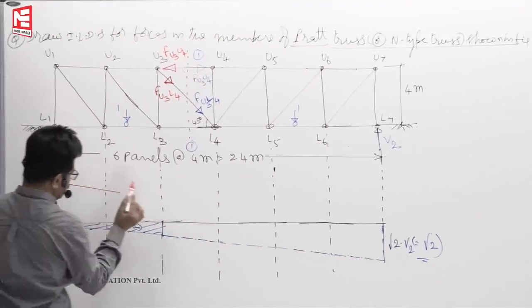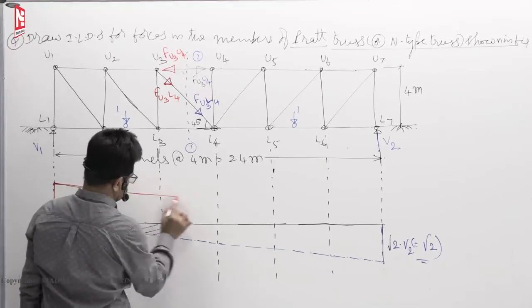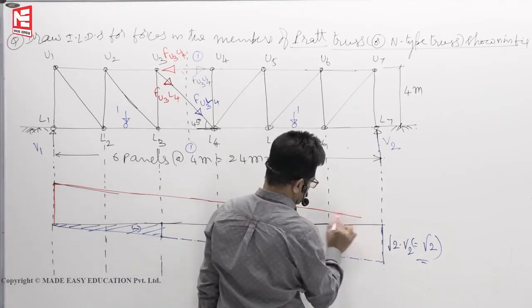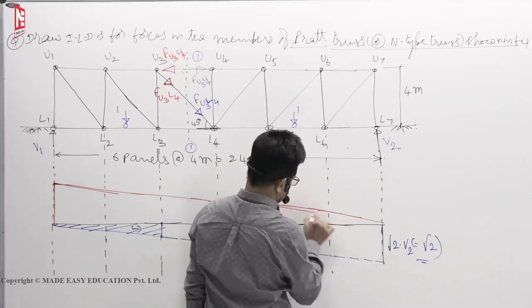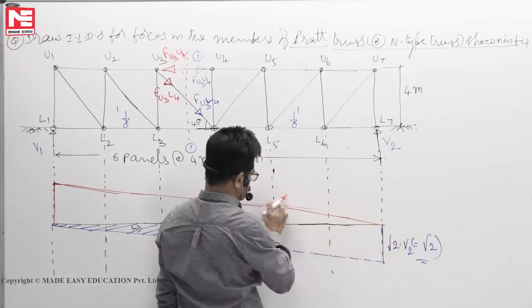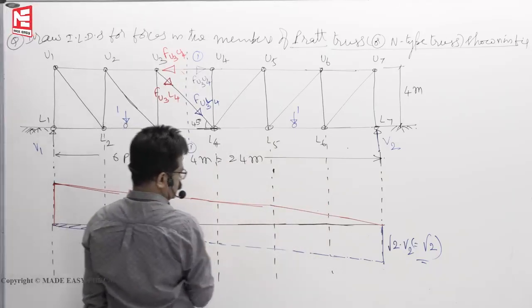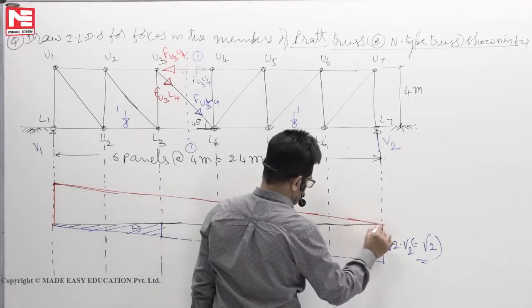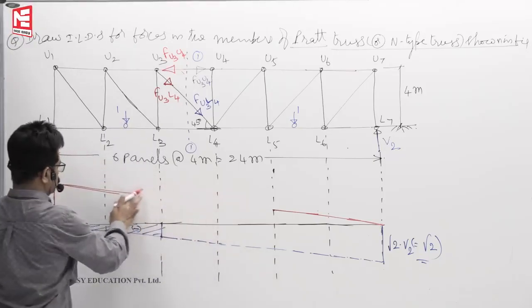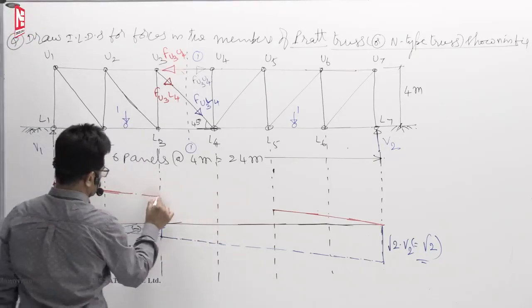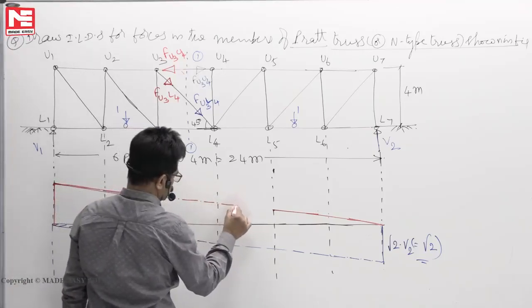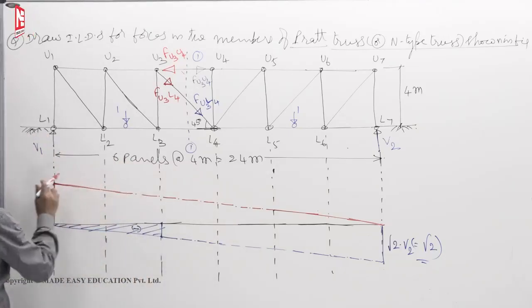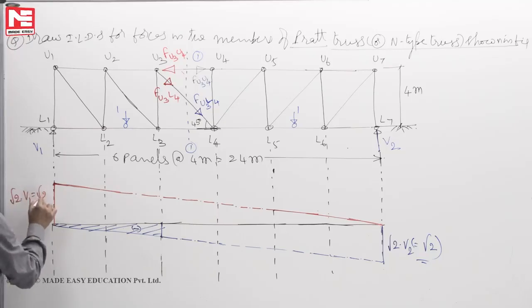So this line will go now something like this. This is root 2 times V1, nothing but root 2.